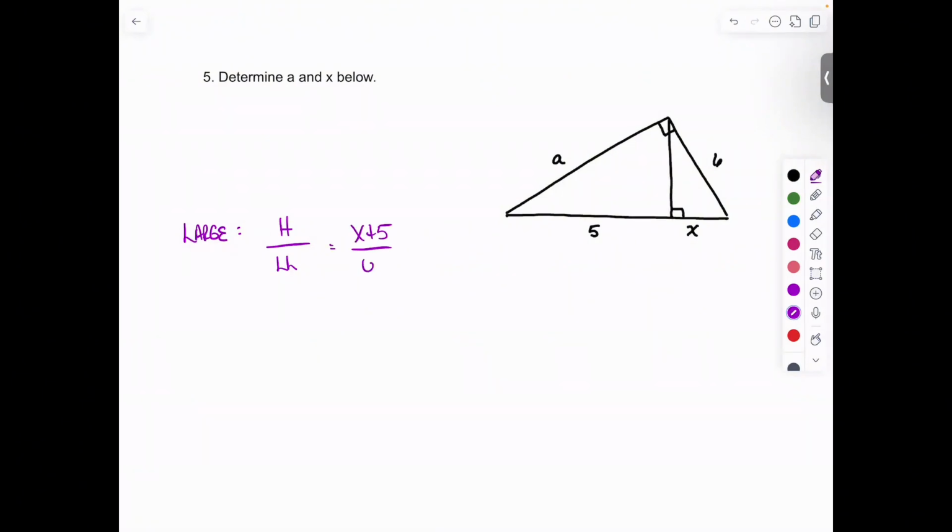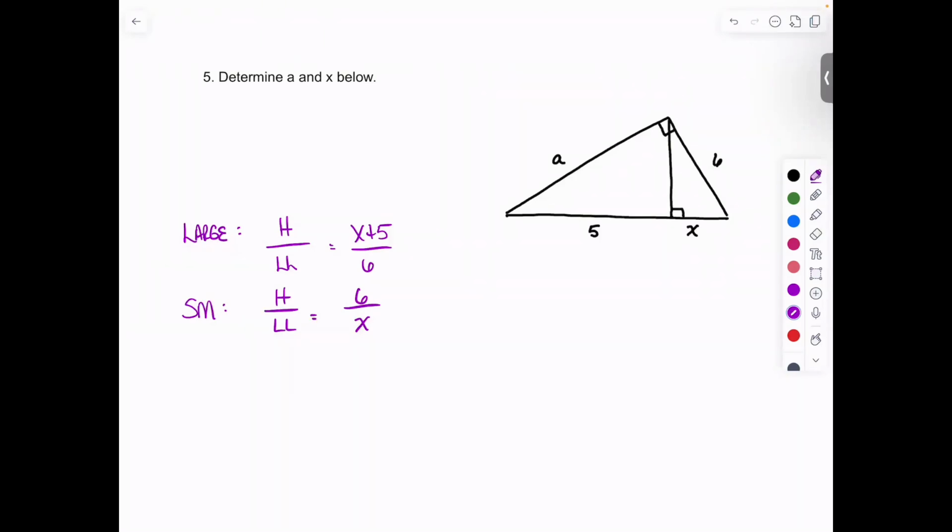Now if I look at just the small triangle on the right, I have the hypotenuse and the shorter leg of the two, and we can set up a proportionality here. That equals 6 over x. So 6 for the hypotenuse, x for the short leg.